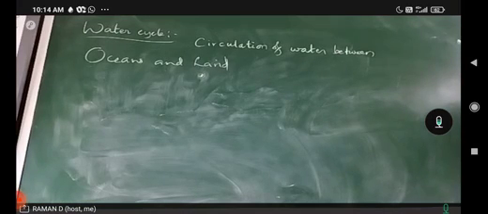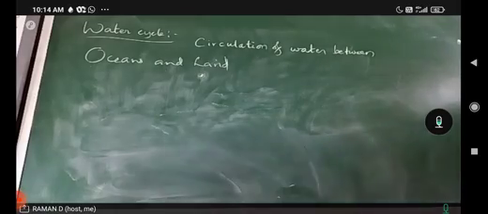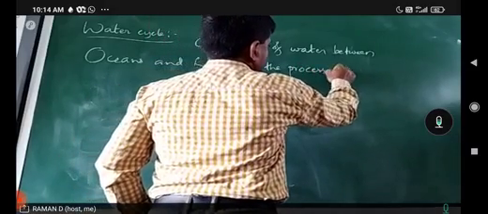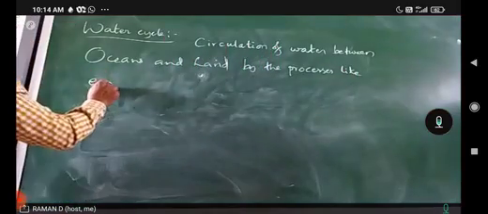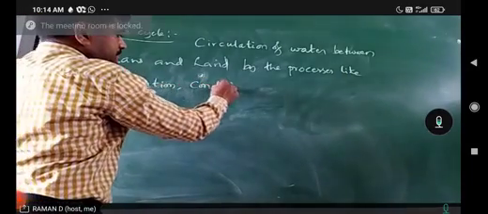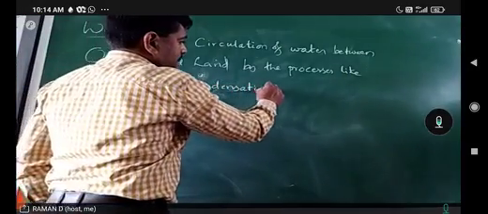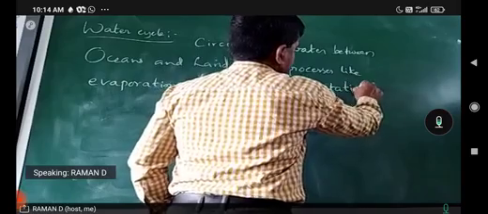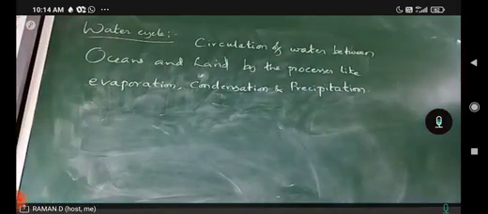Circulation of water between oceans and land by the processes like evaporation, condensation, and precipitation is known as the water cycle.